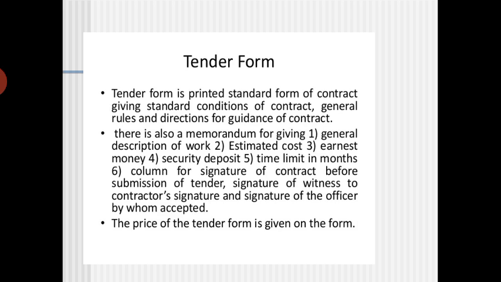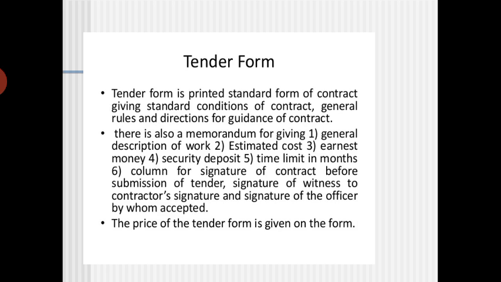So there are some memorandums also given in these tender forms. Memorandum means we can call it an understanding between the contractor and the engineer, whom you are making the tenders, or the organizations with the contractors.